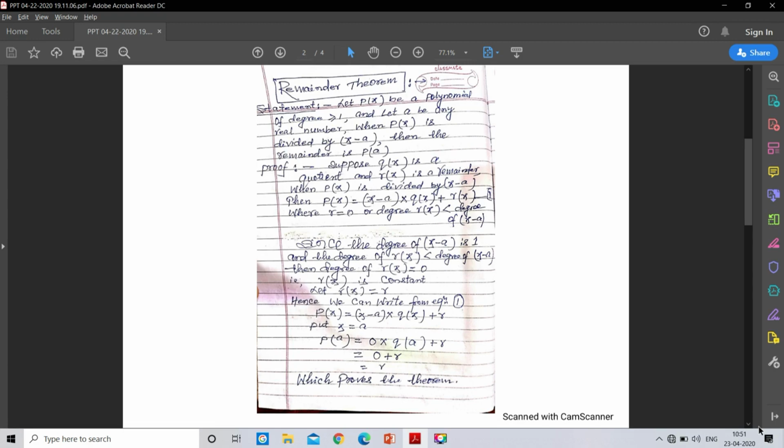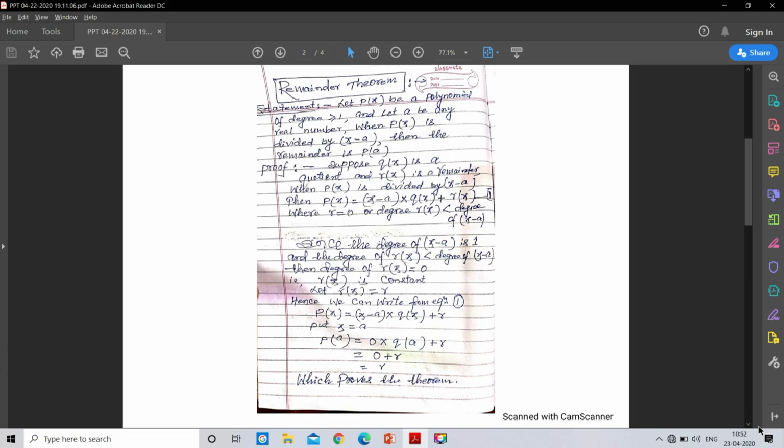Proof: suppose q(x) is a quotient and r(x) is a remainder. When p(x) is divided by x minus a, then p(x) is equal to (x minus a) into q(x) plus r(x), where r(x) is equal to 0 or the degree of r(x) is less than the degree of x minus a.